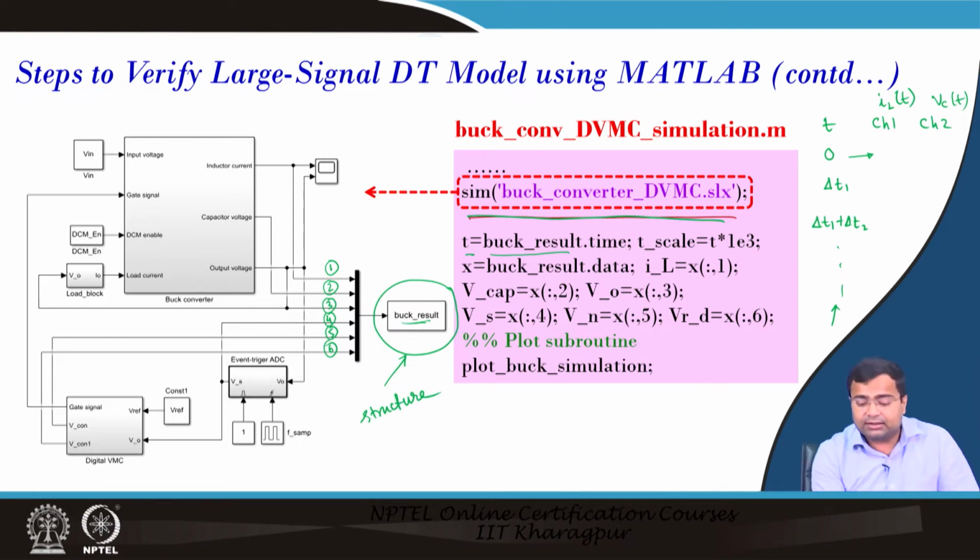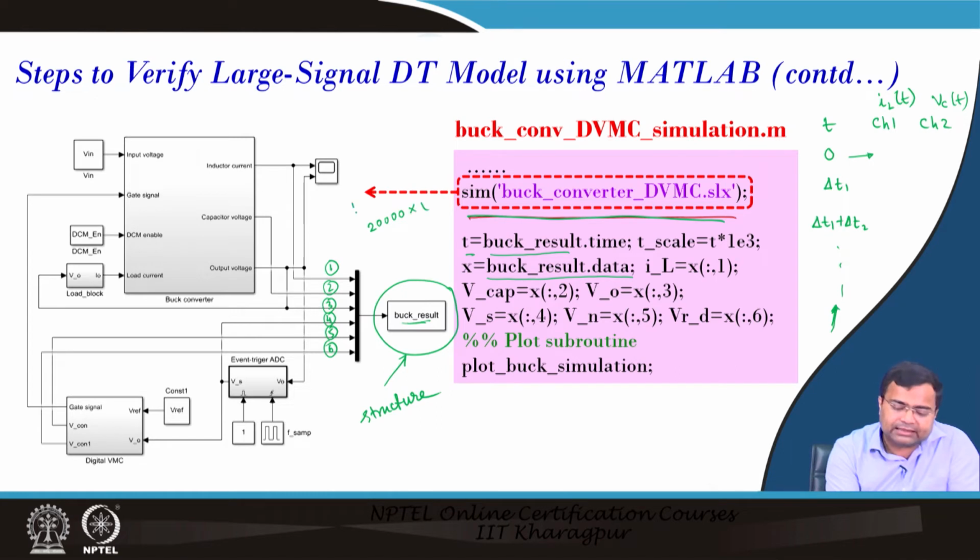In this structure, if you first access dot time, it will give the time vector. Then you have dot data, and this data depends on the size. If it runs for, let us say, 20,000 data points, the time length is 20,001.